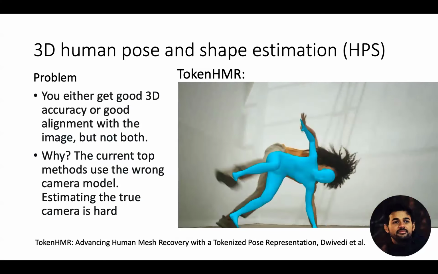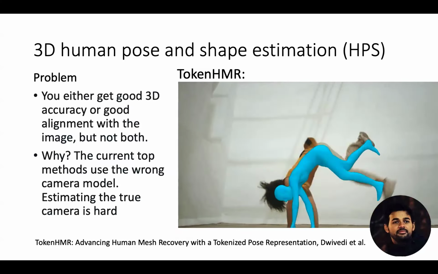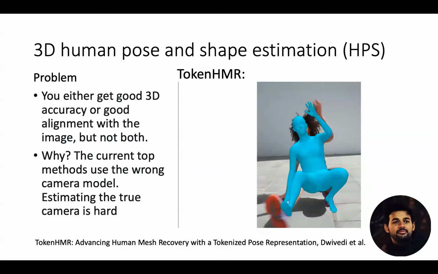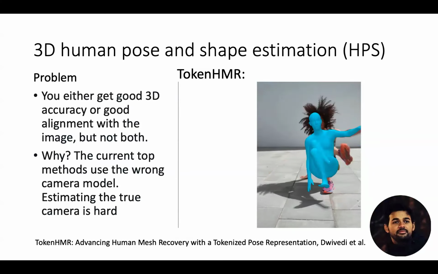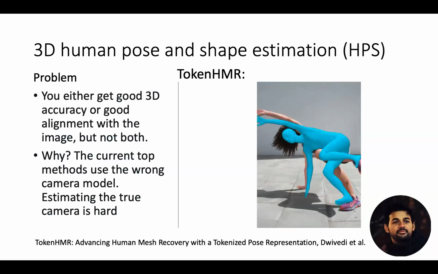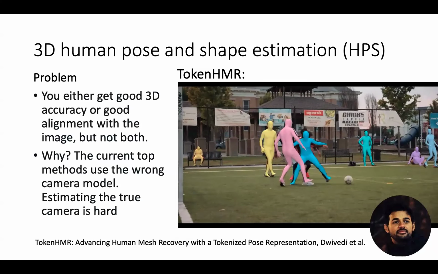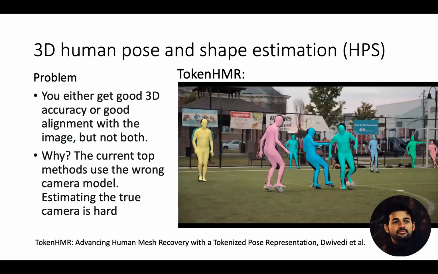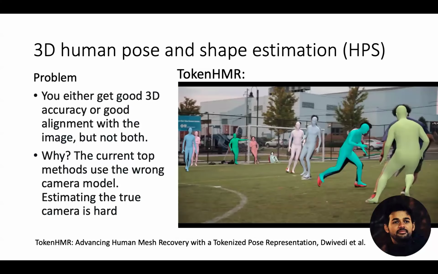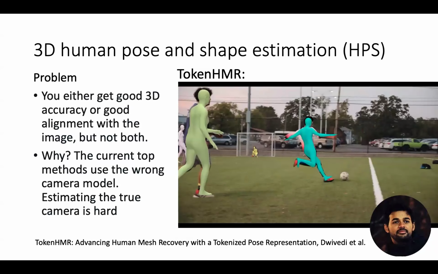If you've got the wrong camera model, you can either have good 3D and bad alignment to the image, or you can have good alignment to the image and bad 3D. You can't have both. And so we thought about this. Now, of course, the right thing to do is to estimate the camera. That's not actually that easy, and that's why people don't do it.